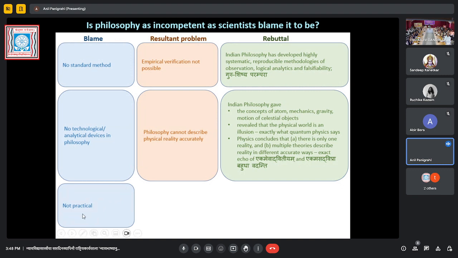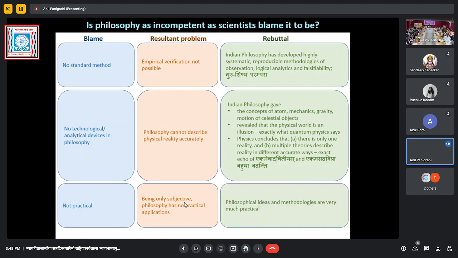And also, scientists claim that philosophy is not practical, because it is subjective and it cannot provide objective assessment of objective reality. But we know that philosophical ideas and methodologies, at least in Bharatavarsha, are very much practical.